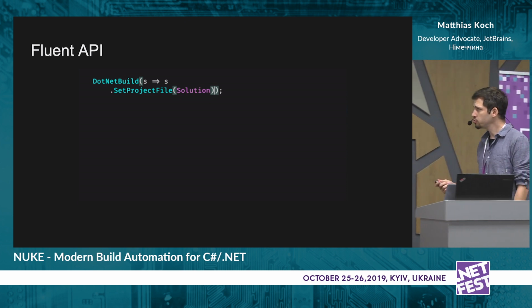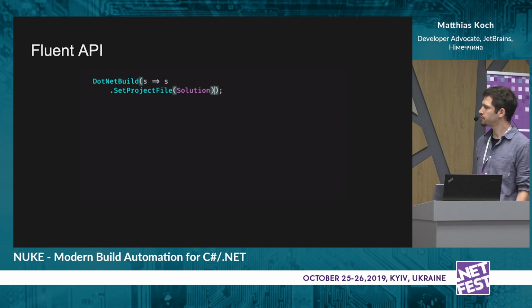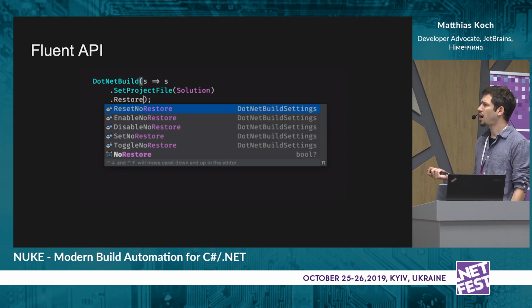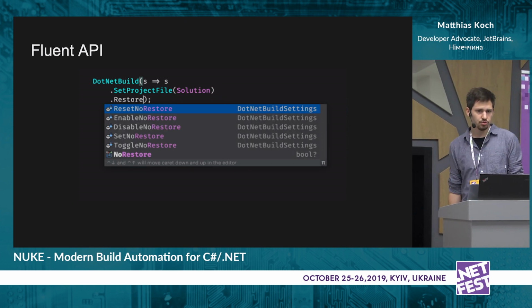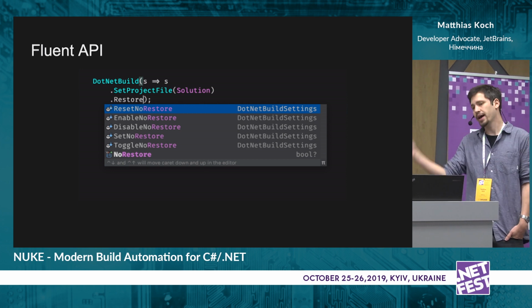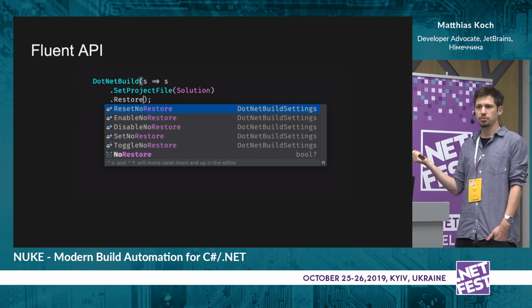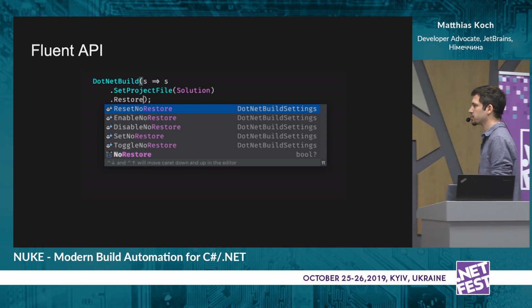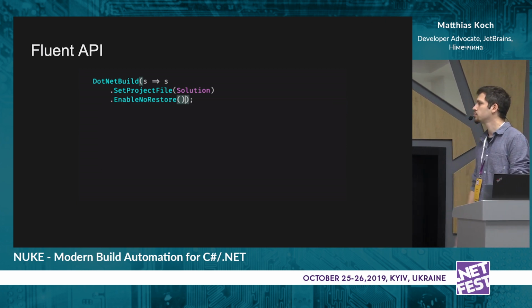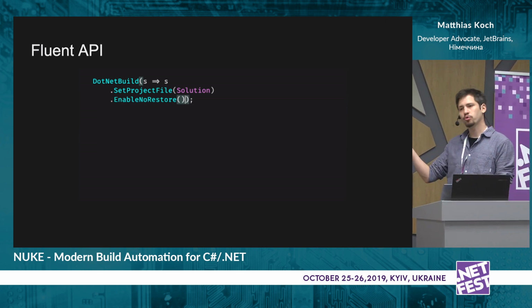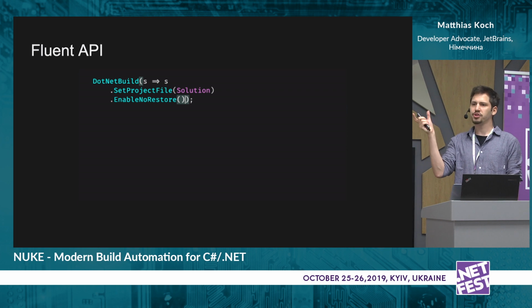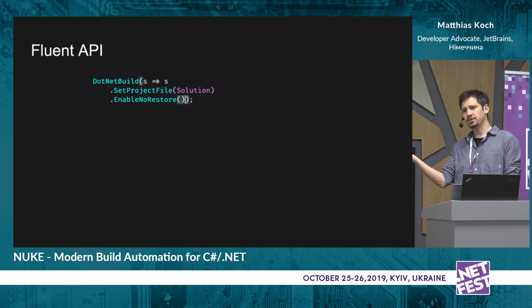We can continue to modify that invocation and say, okay, I also want to enable no restore, for instance. If I had executed dotnet restore before, then I can just skip that. So let's do this, enable no restore. And you see, no restore is of type Boolean. I can either apply it or not.